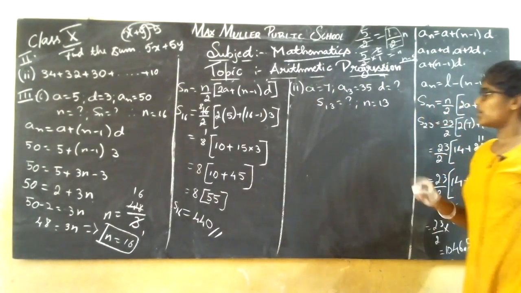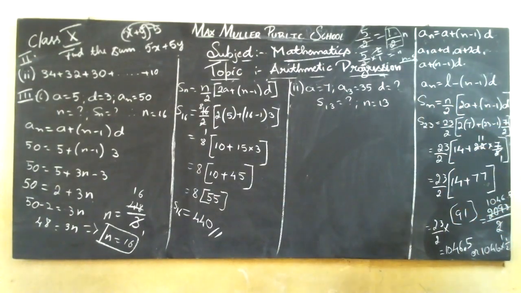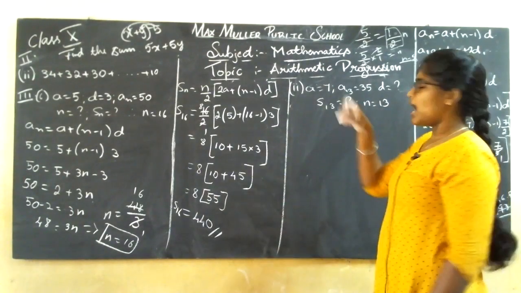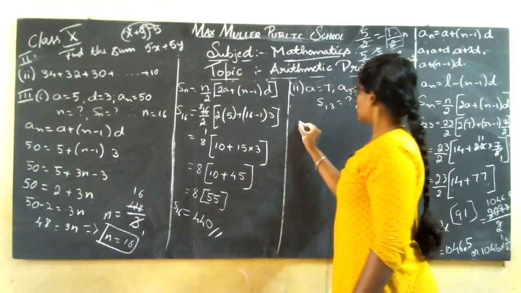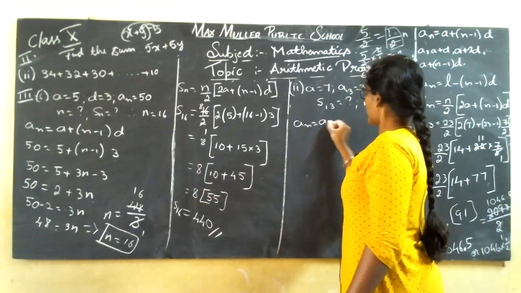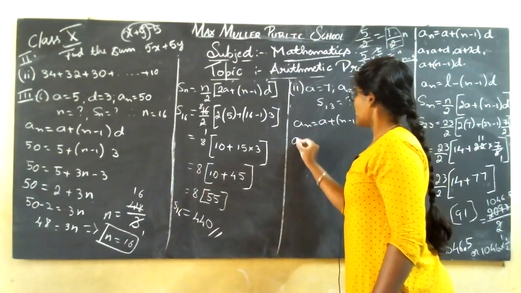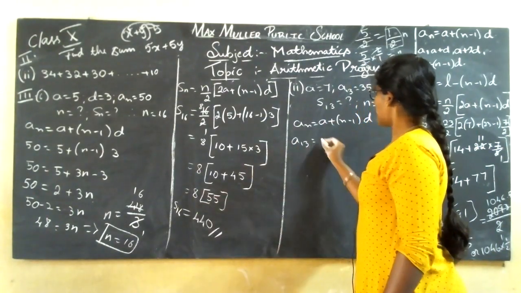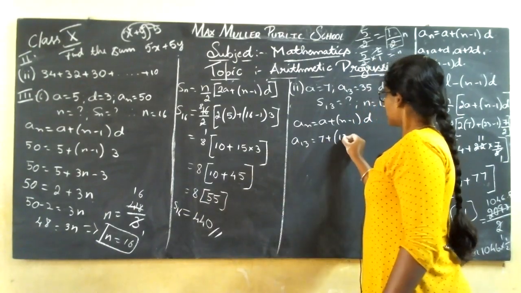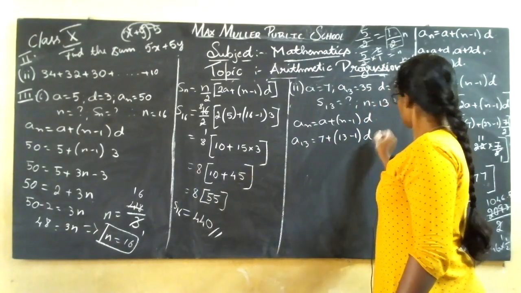So substitute in the formula, find the value of d and put it in the Sn formula. Half I'll do, half you are going to do. So an is equal to a plus n minus 1 into d. So what is an? a13 is equal to a value is 7 plus 13 minus 1 into d.